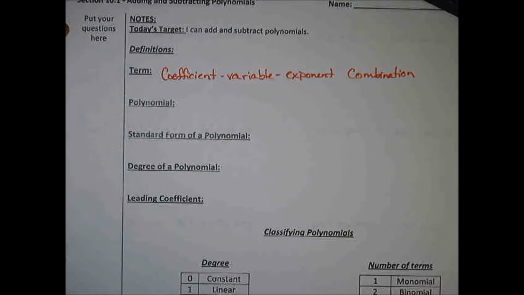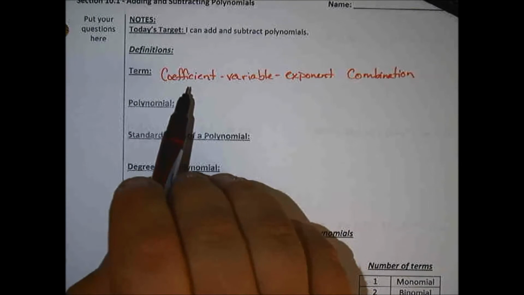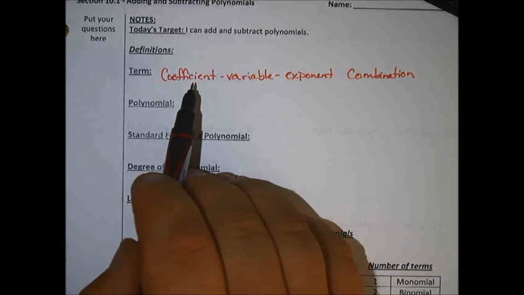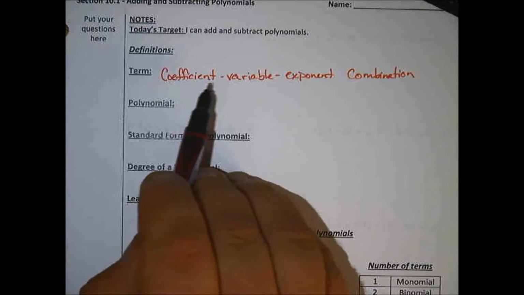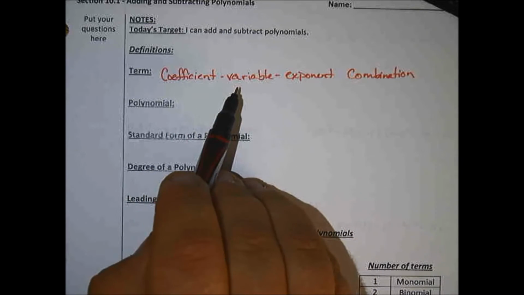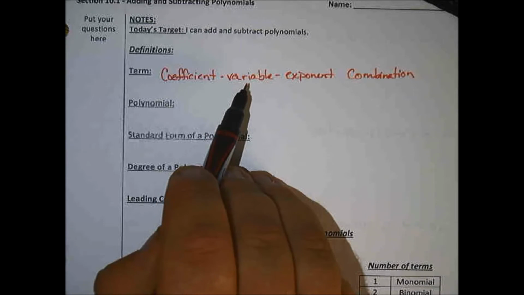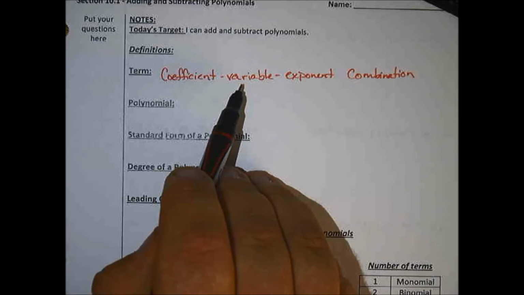Okay, now what I mean by that, coefficient is a number, integer that's being multiplied. It doesn't have to be an integer for that matter, a real number that's being multiplied by a variable, and a variable again just being a letter or some symbol used to indicate an unknown value.